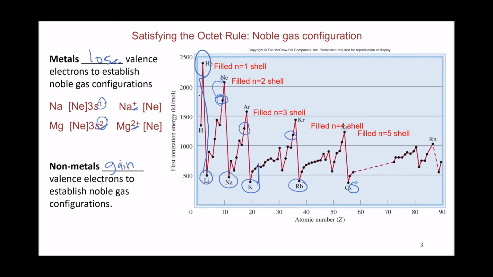And the configuration will basically change from an unstable, partially filled electron configuration to the most stable noble gas configuration, the next noble gas configuration. And that explains why elements on the most left-hand side of the periodic table like to form cations, positive ions, while the elements on the right-hand side of the periodic table prefer to form negative ions or anions.